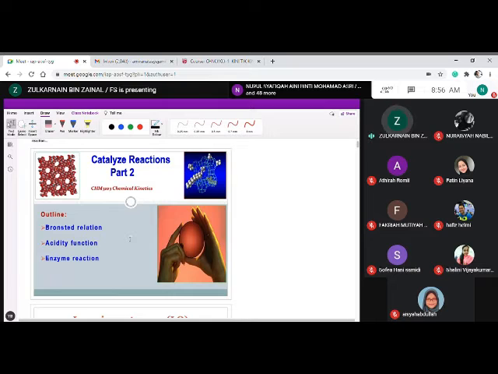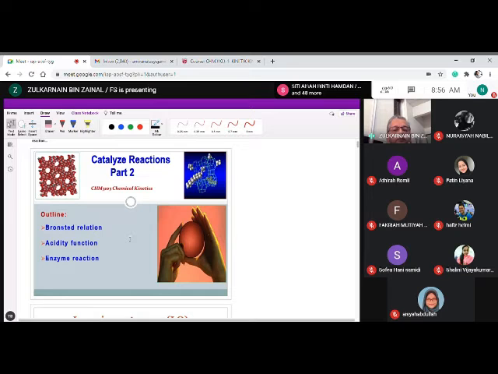So as you see, we are now on the discussion of homogeneous catalytic reaction, and the two main parts that we are discussing are acid-base catalysis, and the other one, which we're going to discuss later, is enzymatic catalysis. Enzyme is the catalyst, right? So we have acid or base catalyst reaction, and we have another one, enzyme catalyst reaction.